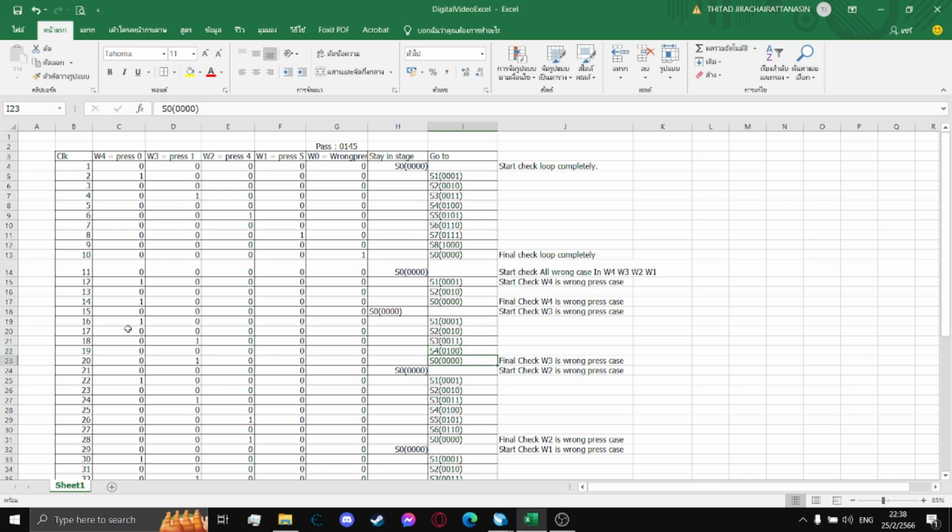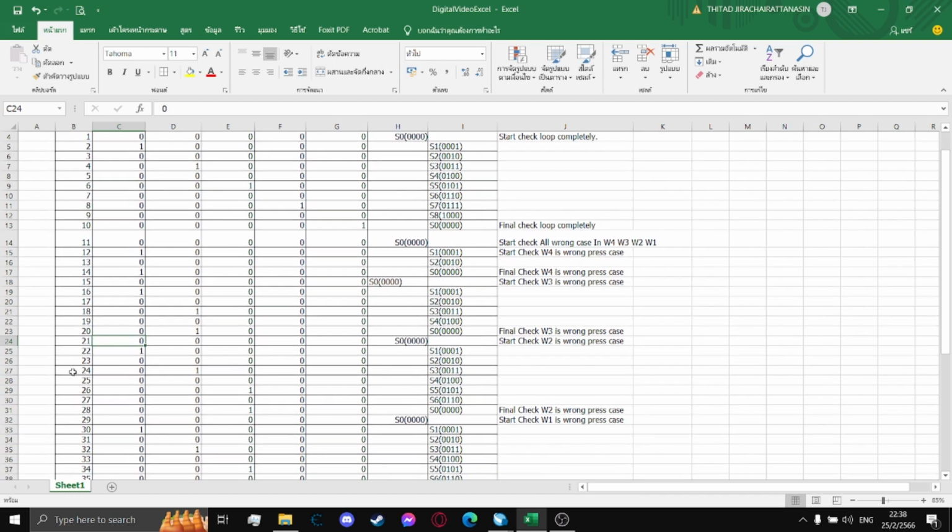And 20, clock 20, press 1, they will press 1 again, they will go to state 0 immediately. And this is check of W3 in the wrong case. And in the clock 21, they will stay in the state 0.